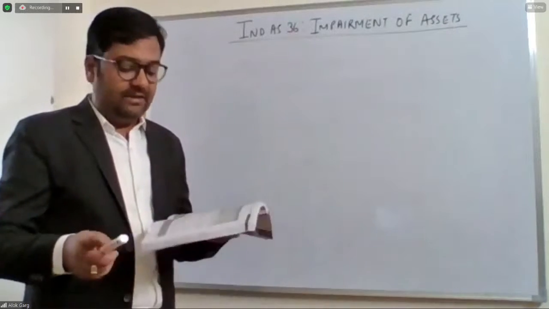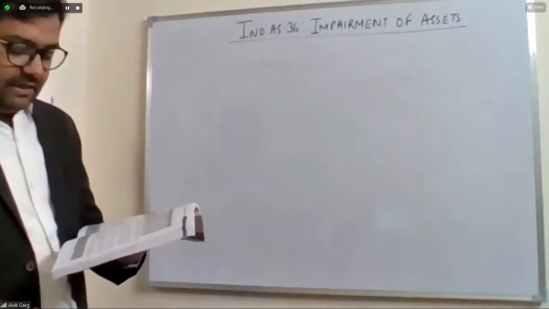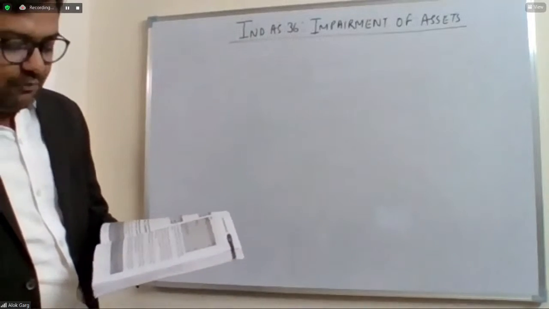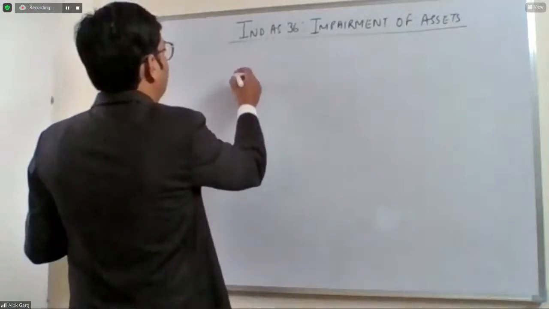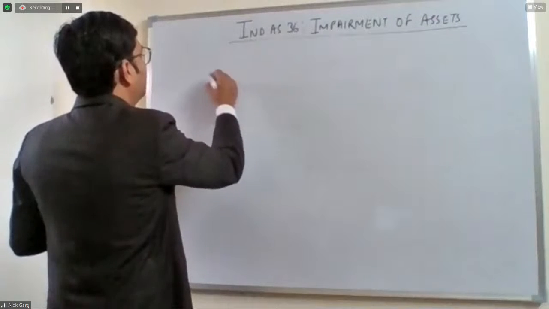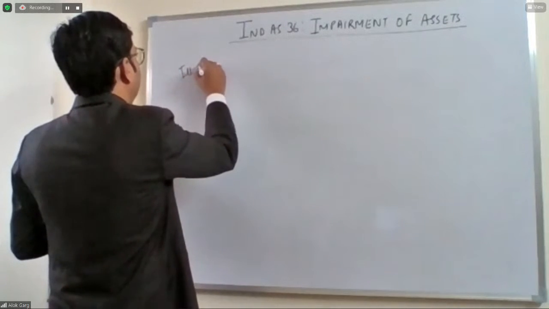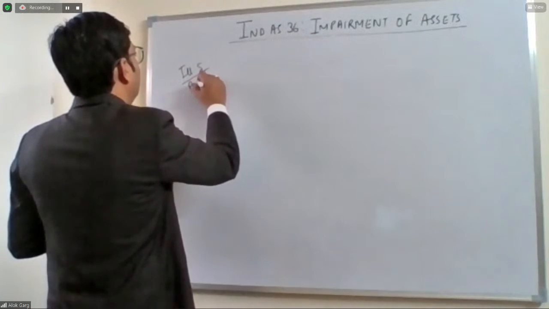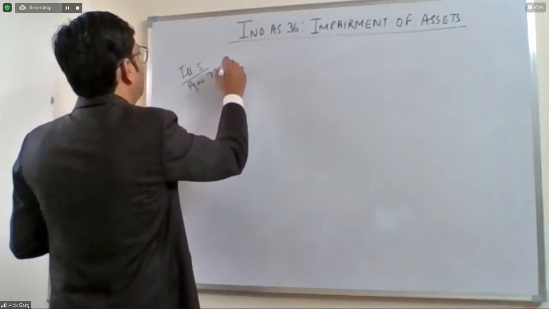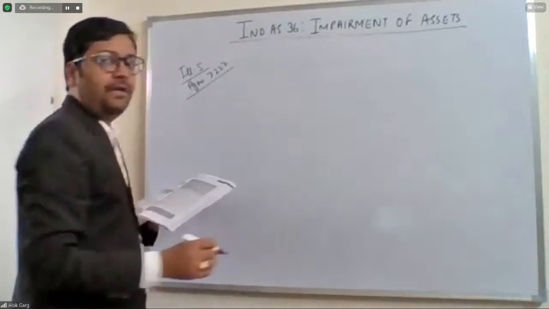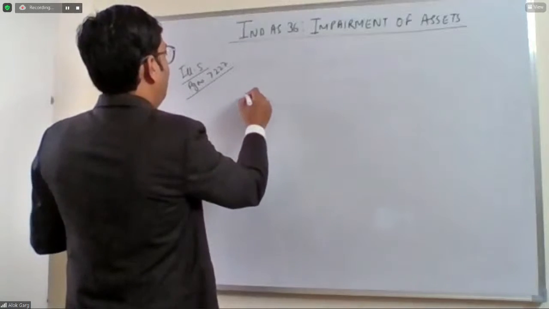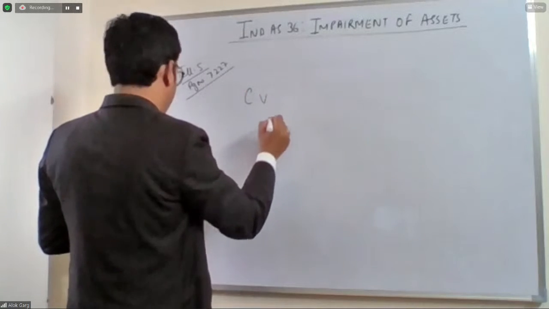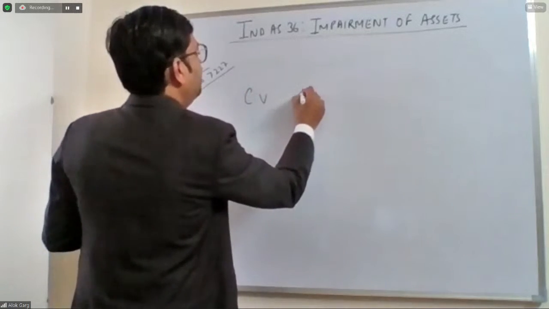So first of all, in this question, Mercury Limited has an asset with a carrying amount of rupees 1000. So the carrying value is 1000.